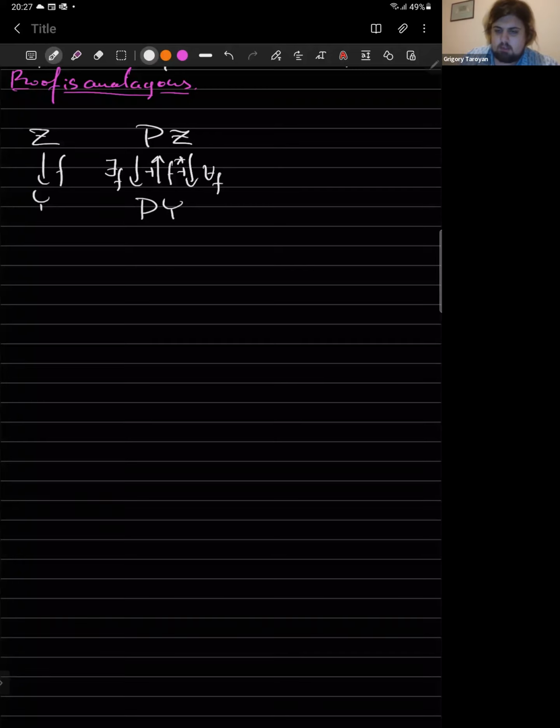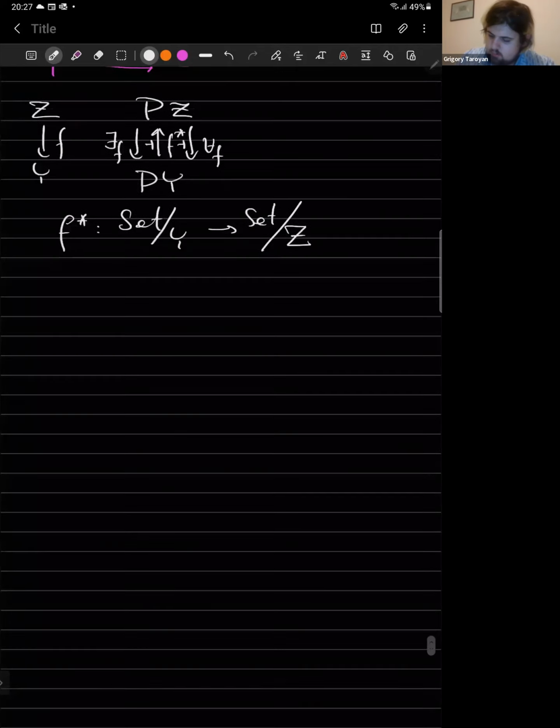In more general terms, this construction can be applied to arbitrary sets over another set. So this becomes a base change morphism. We can consider f star, which goes from sets over Y to sets over Z. So the value of f star on an element of this slice category is just the following fiber product.